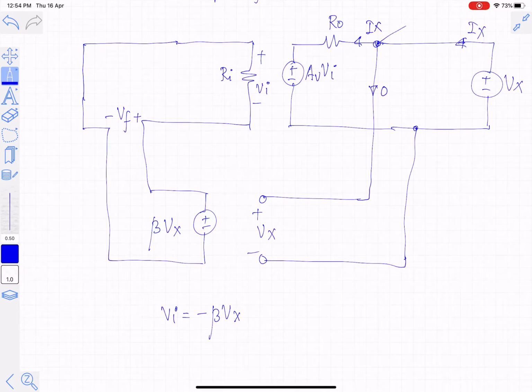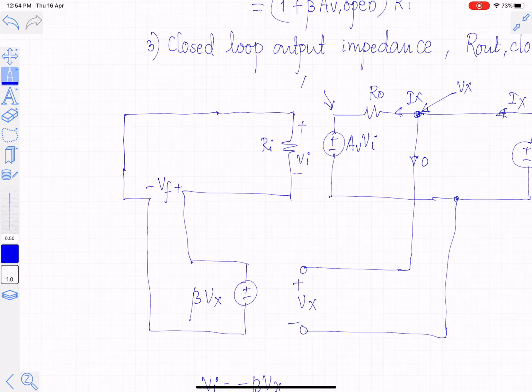The voltage at this point is Vx. Voltage at this point is AV into Vi.